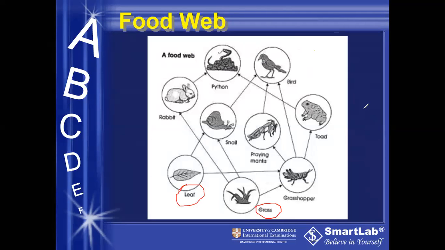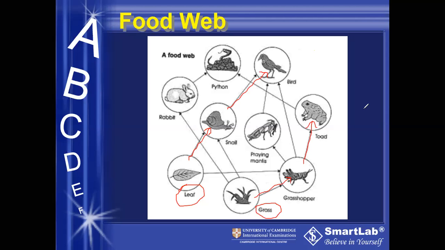So the food chain starts with the food producer. Let's say, for example, we'll use the leaf as an example. So we start off with the leaf, then it is eaten up by the snail, and finally eaten up by the bird. So this one is one food chain. Now we use the grass as example. So grass is eaten up by the grasshopper, and is in turn eaten up by the toad. So this one is a second food chain.